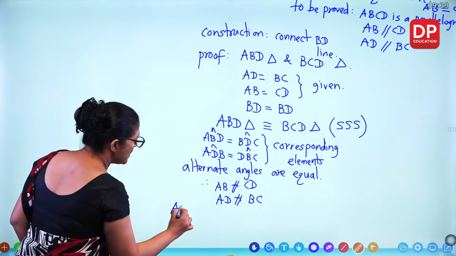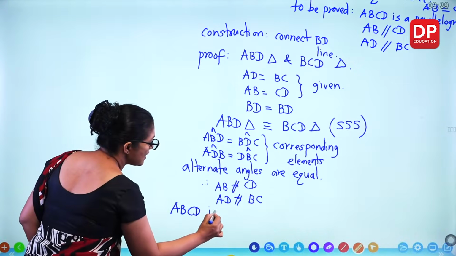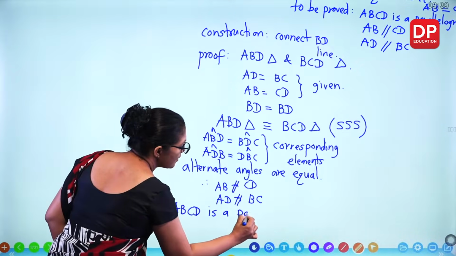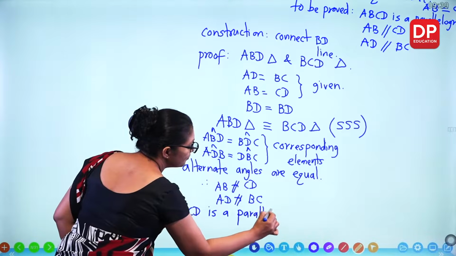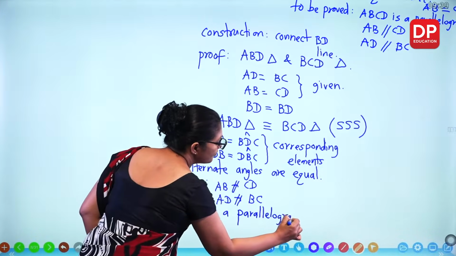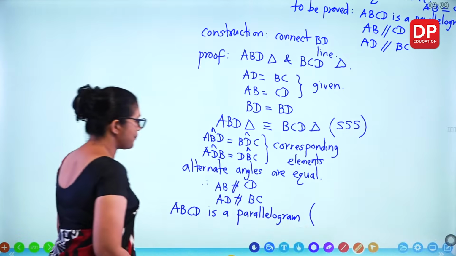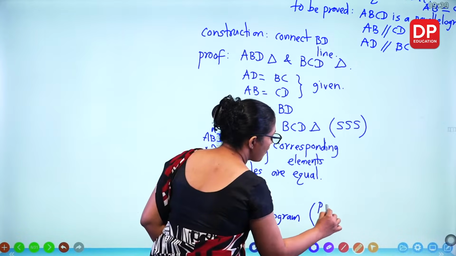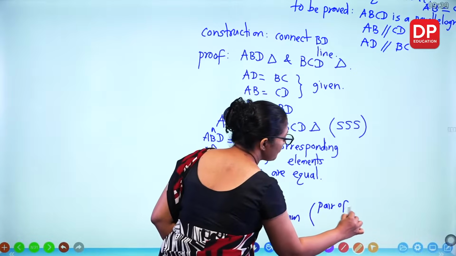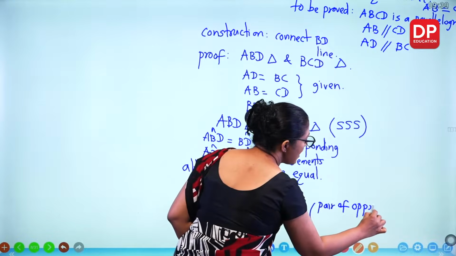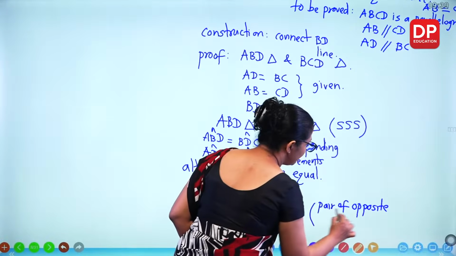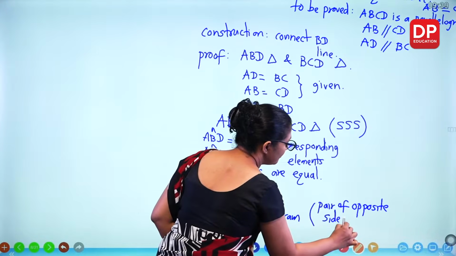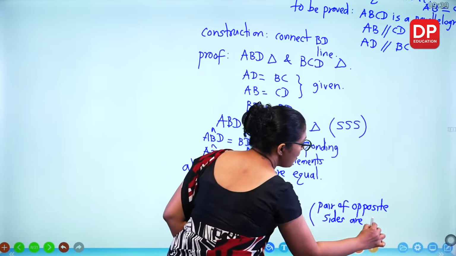So ABCD is a parallelogram. What's the reason? Opposite sides are parallel. A pair of opposite sides are parallel.